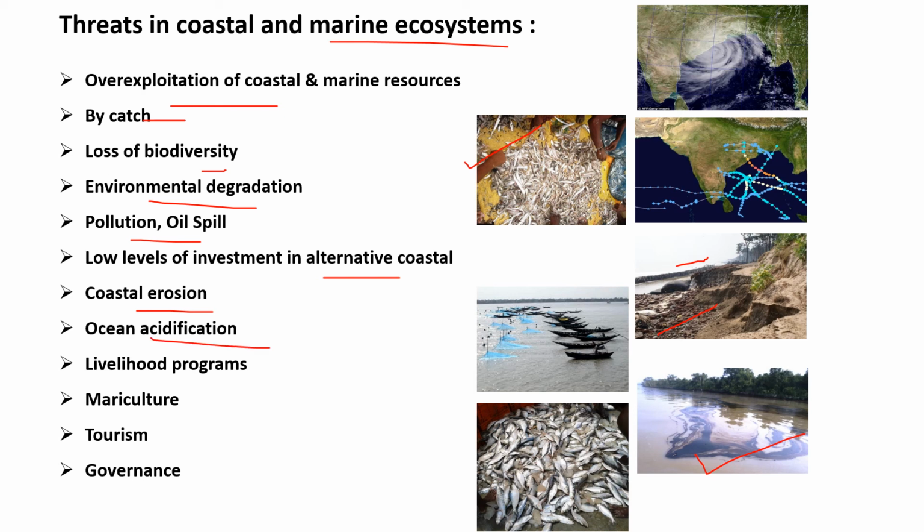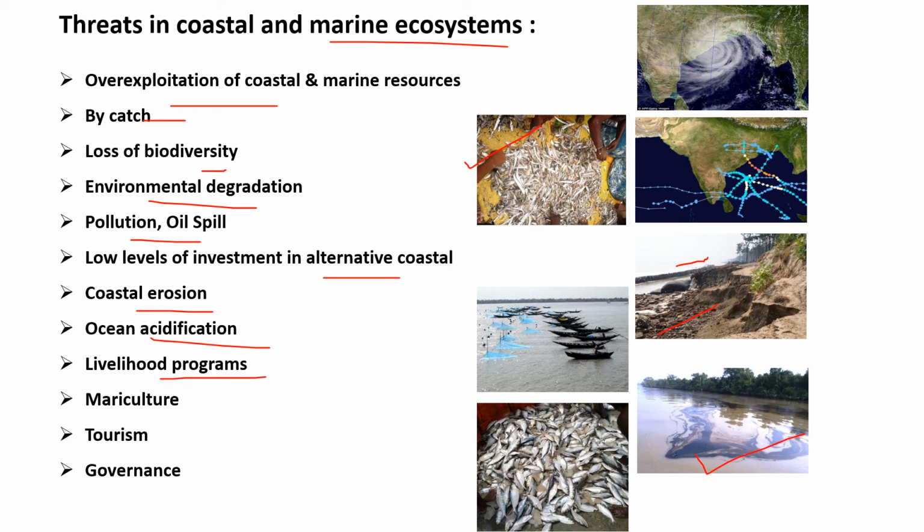Ocean acidification, so the ocean becomes much more acidic due to absorbing much more CO2, and that acidic environment is very harmful for marine life, especially the coral ecosystem. That is also a big problem for global climate change.